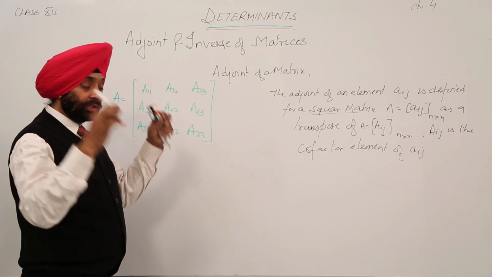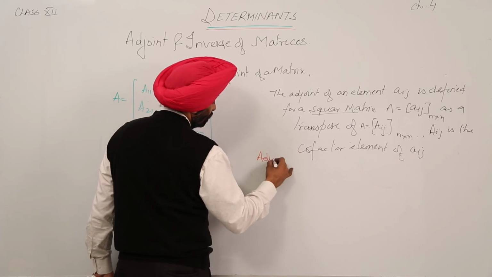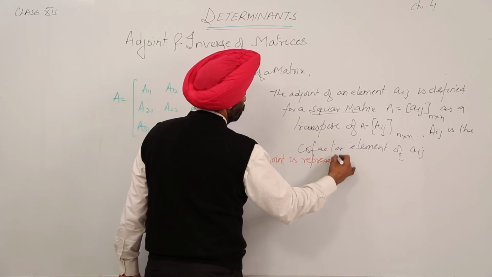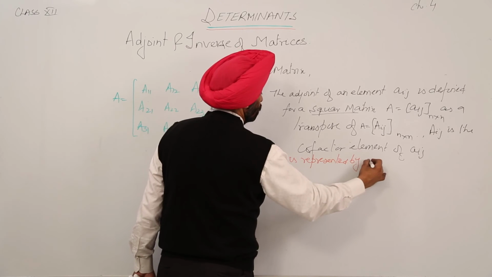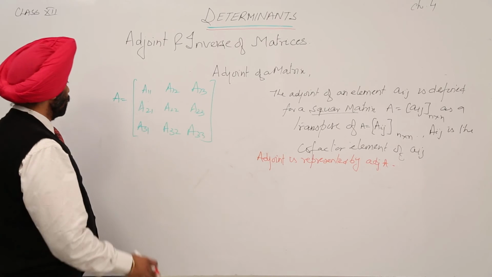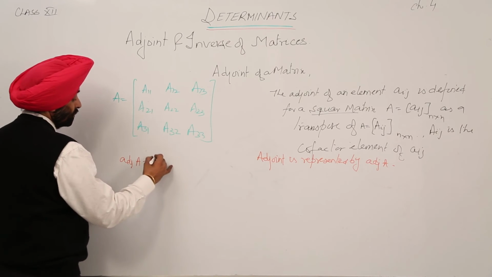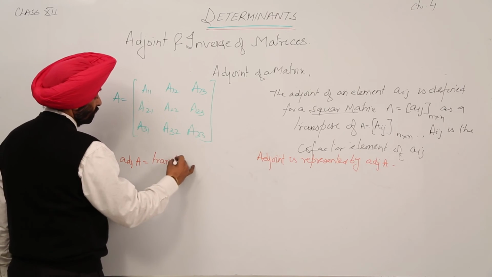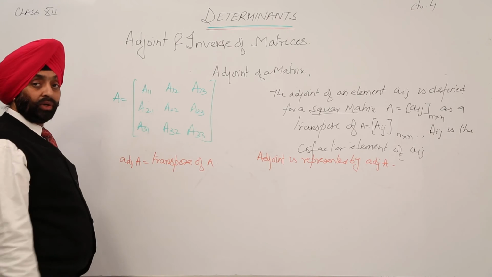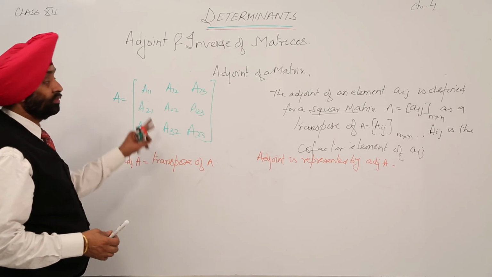The adjoint is represented by adjoint A. Now A is equal to this, and adjoint A is the transpose of this matrix of cofactors.